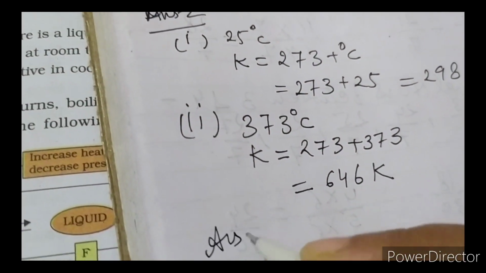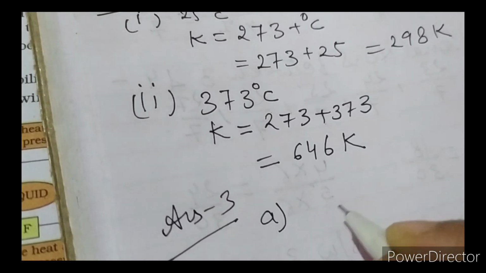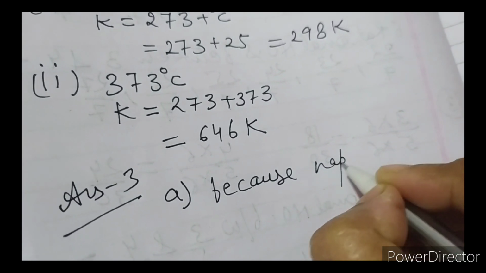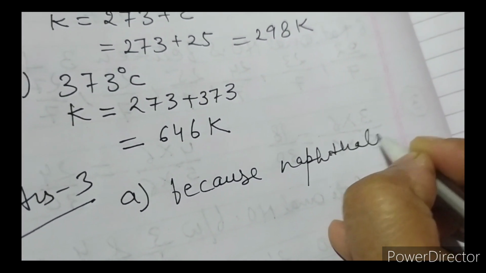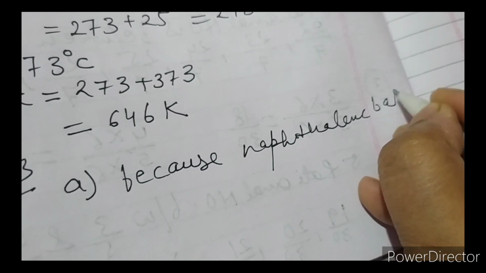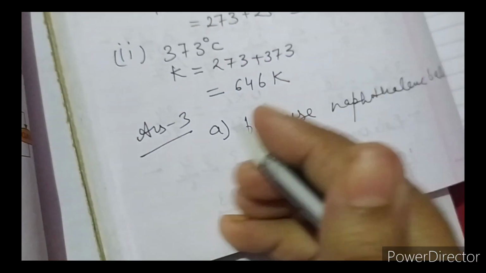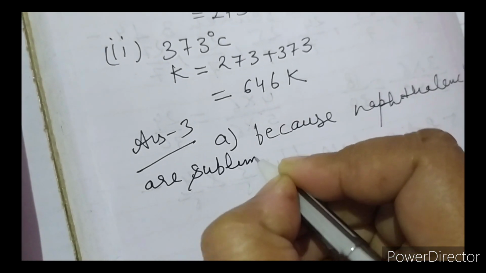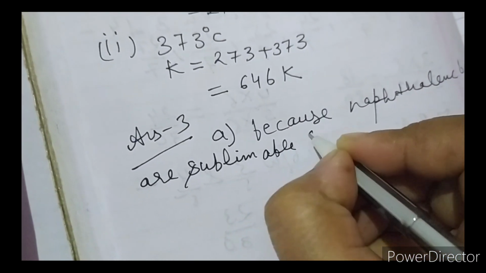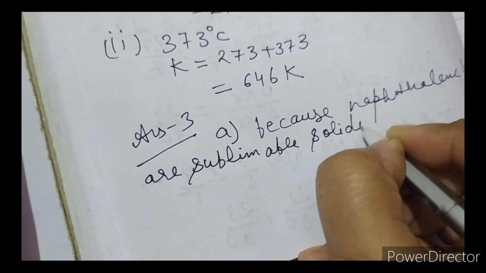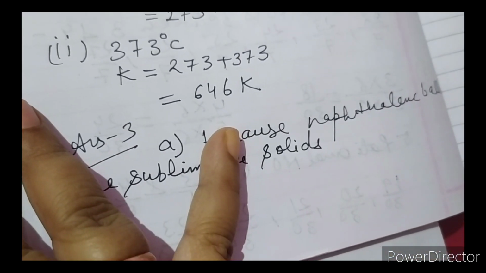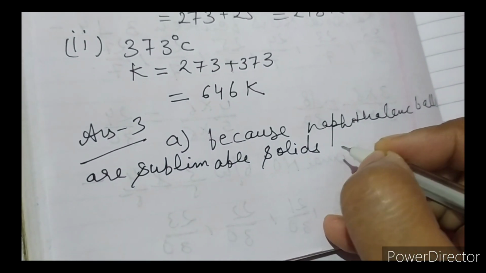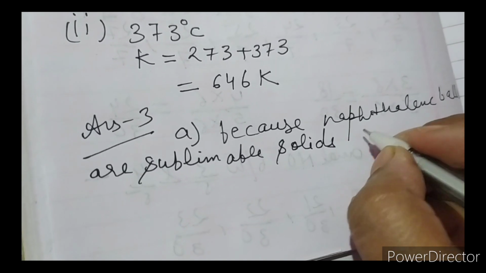Answer number 3 is, A part is, because naphthalene balls are sublimable solids, and therefore they take the heat from the environment and convert into gaseous state.